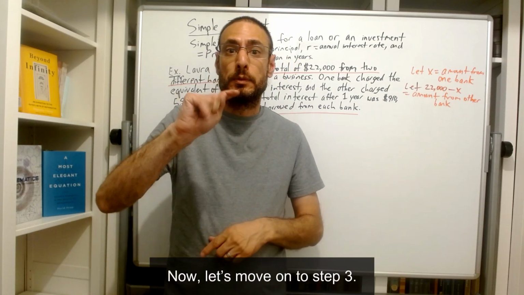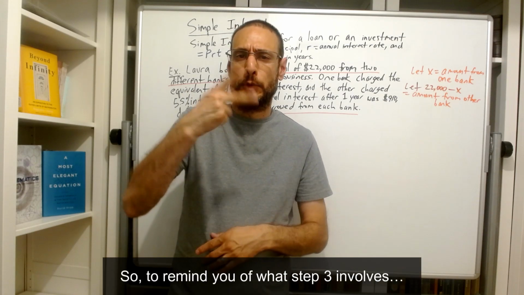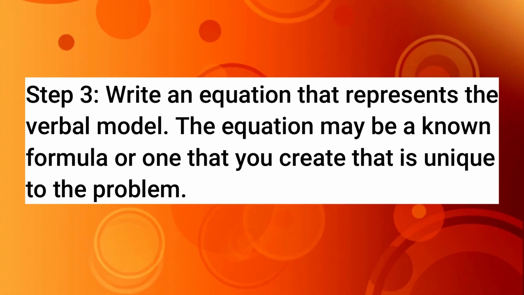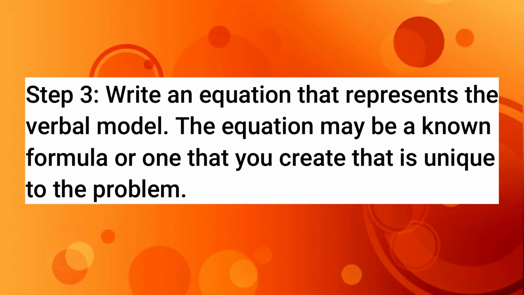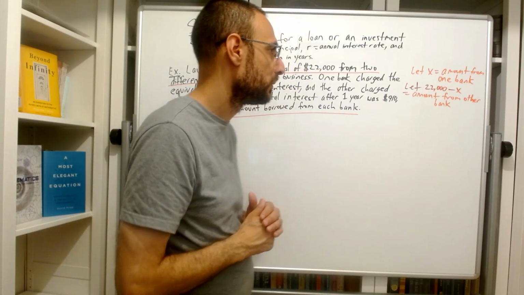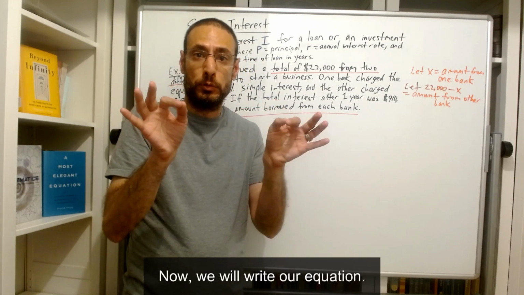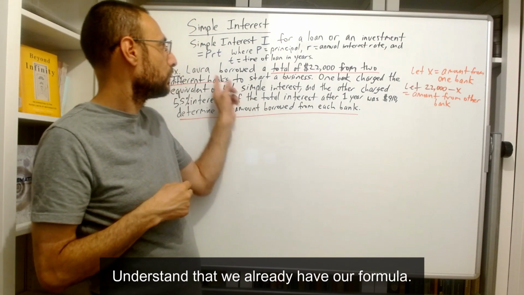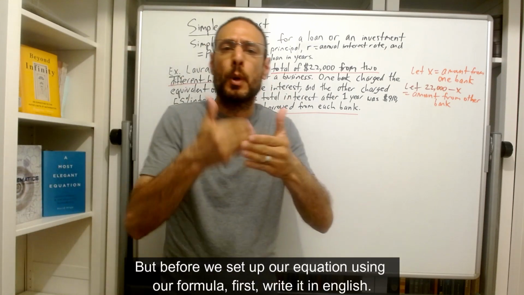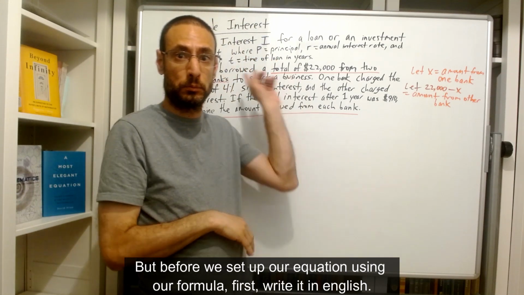Now, let's move on to step 3. To remind you of what step 3 involves, now we will write our equation. Understand that we already have our formula. But before we set up our equation using our formula, first, write it in English.